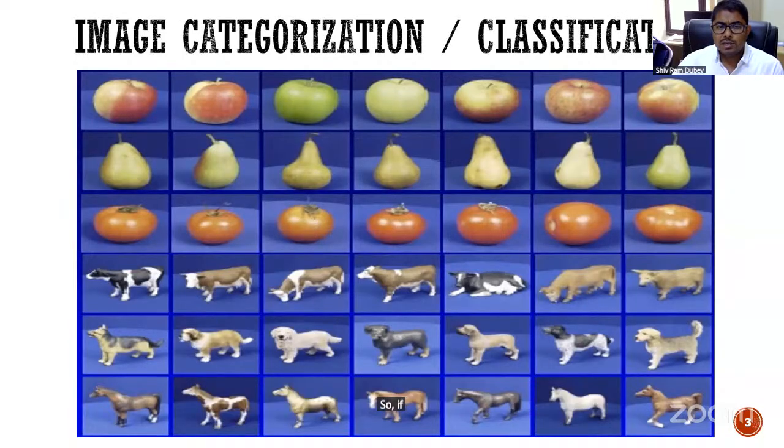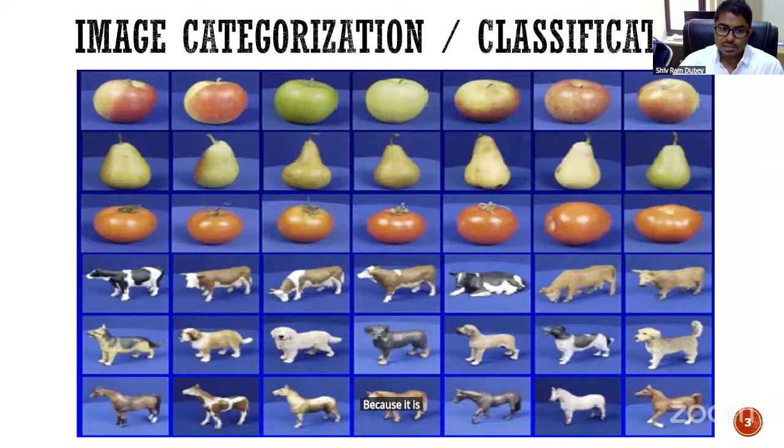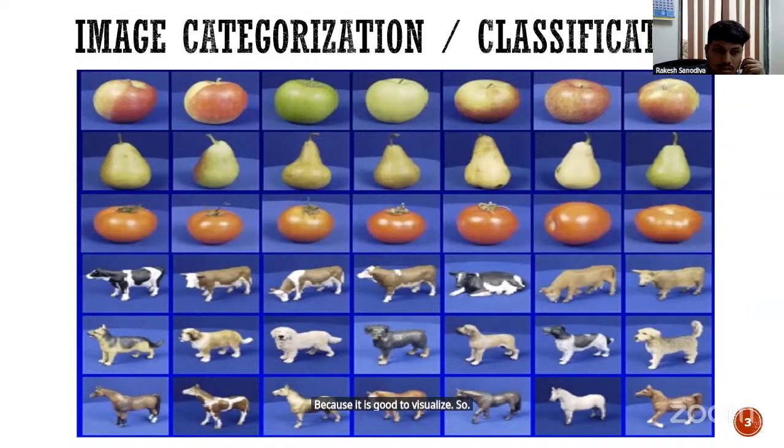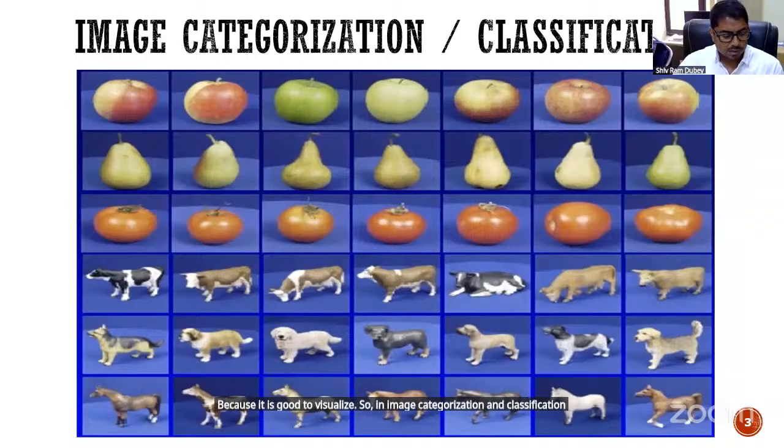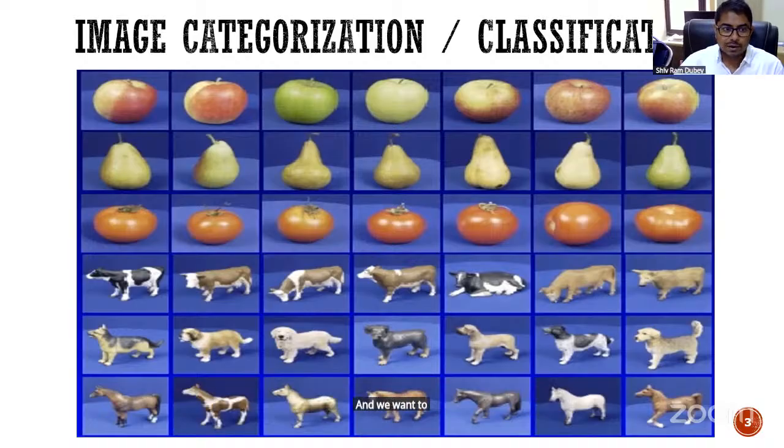So in general, what is the image categorization or classification problem? Though this is applicable to any sort of classification problem, image is just one of the applications because it is good to visualize. In image categorization and classification, we have samples of different categories of images, and we want to recognize their identity.